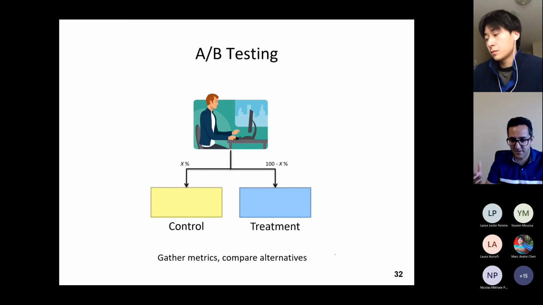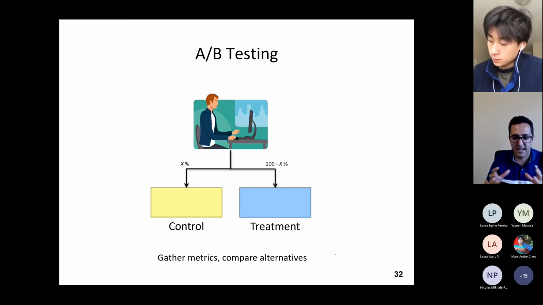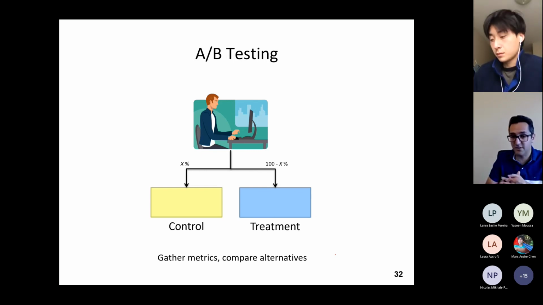For example, if Amazon wants to test something, they will allocate a small percentage of their customers, let's say 1%, to test a new recommender system. And the rest of the users, the 99%, still use the old system, okay?